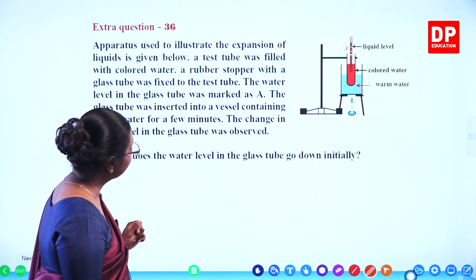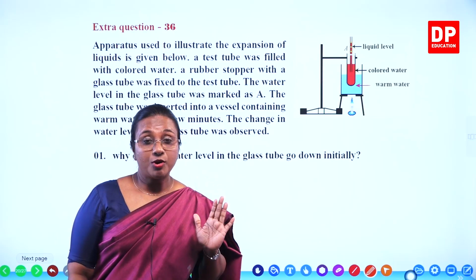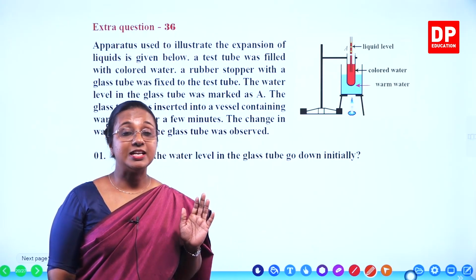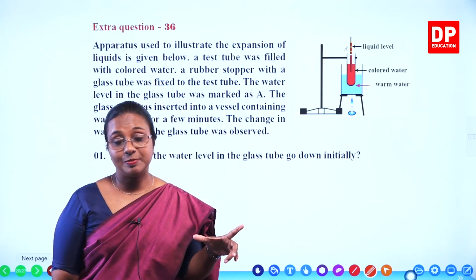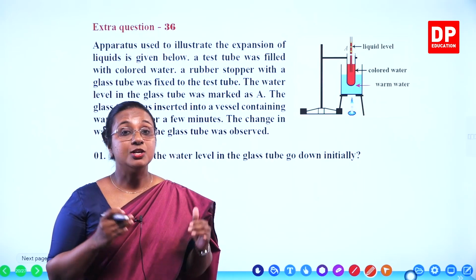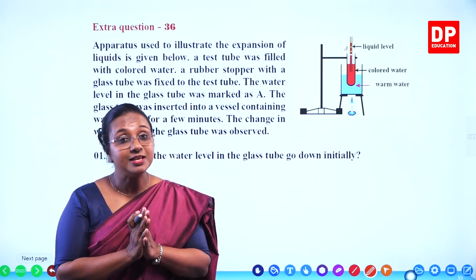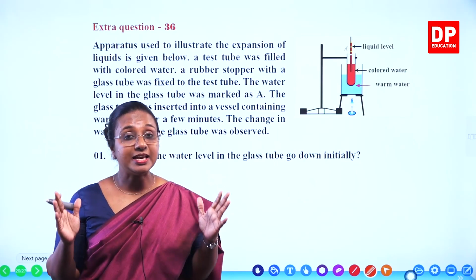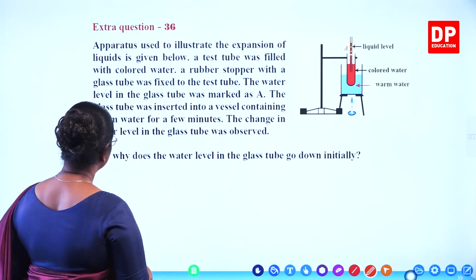Why does the water level in the glass tube go down initially? You have observed this, you know the reason. Initially, the glass tube expands, but the water takes a longer time to expand. Because the glass tube increases in volume, the water level drops down. That is the first observation.